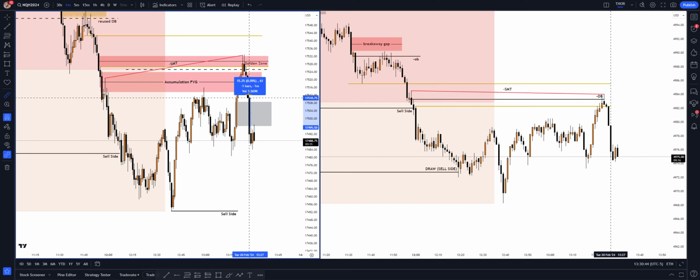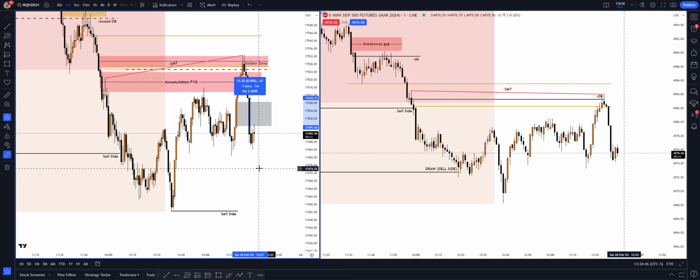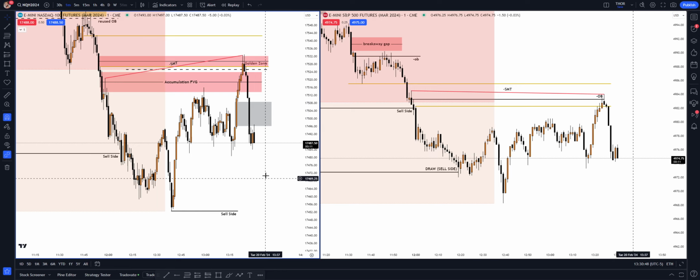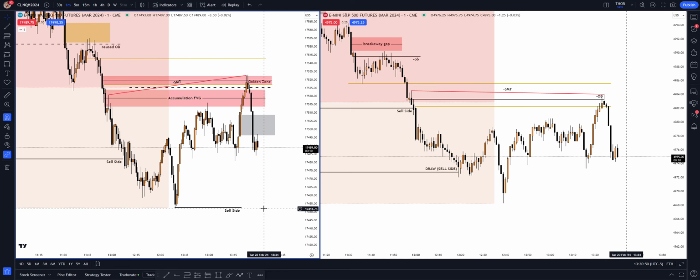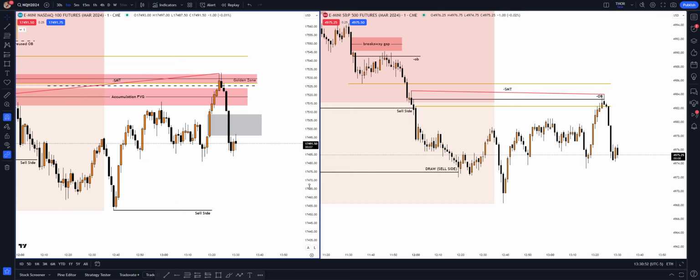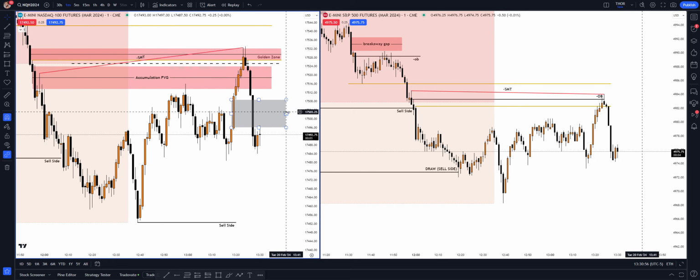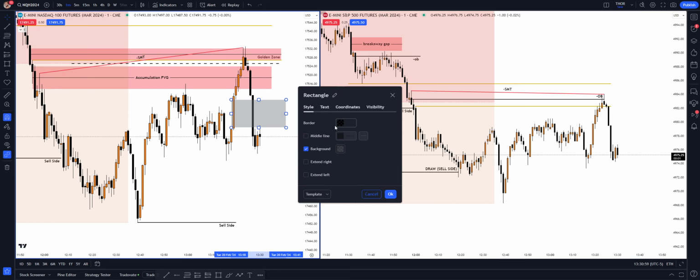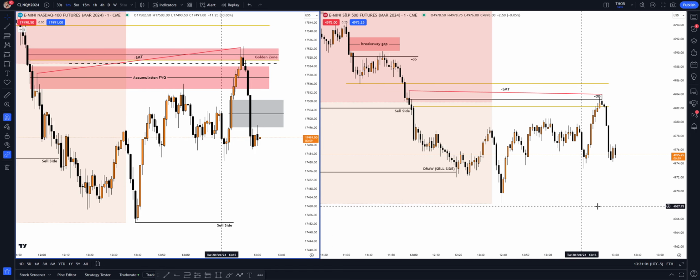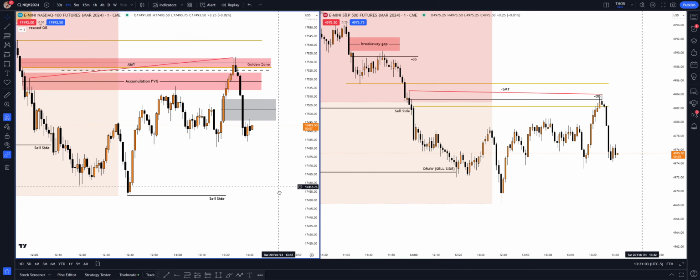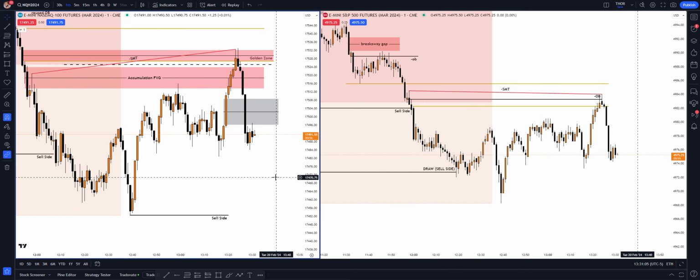Actually, 15 handles is not too bad. What I would preferably do is use the CE of that BPR so you can have a better stop loss.